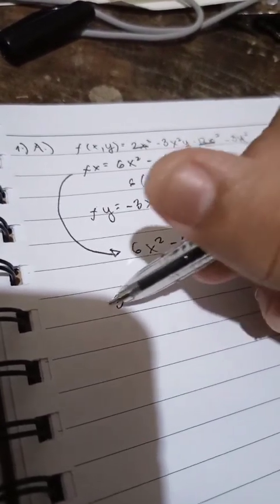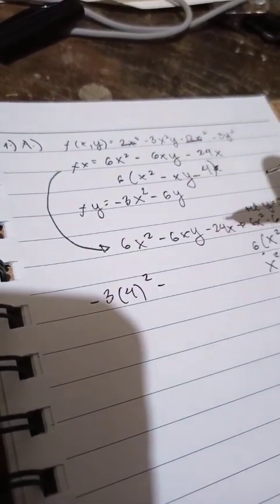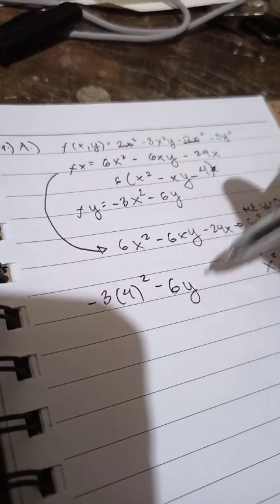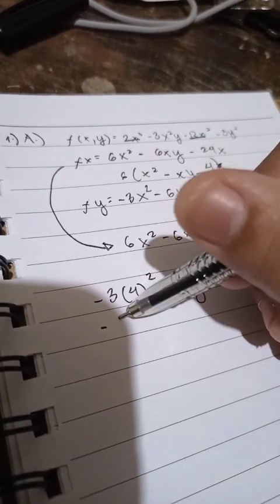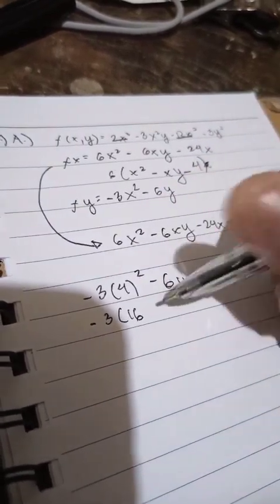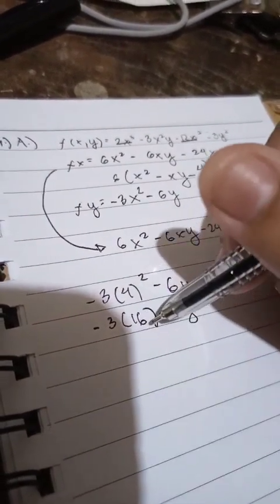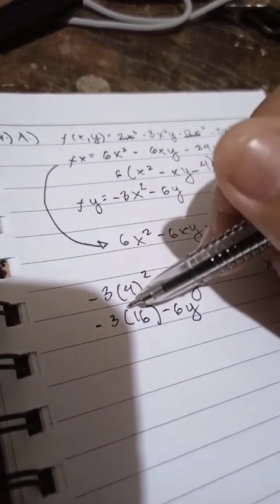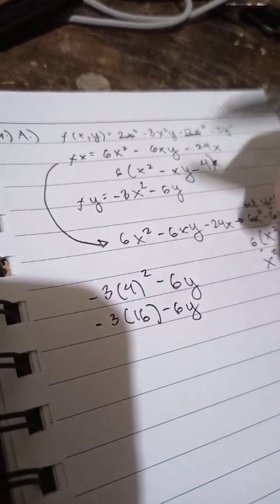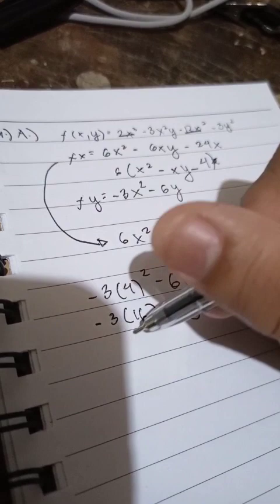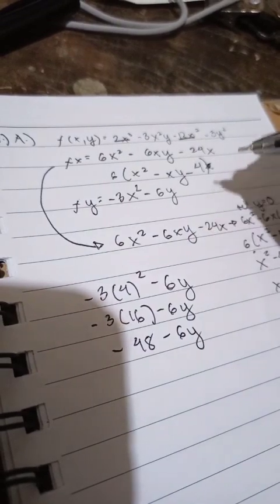You will get negative 3 times 4 squared minus 6y. And you will have negative 4 times 4 equals 16. 3 times 16 is 48, so negative 48, negative 6y.